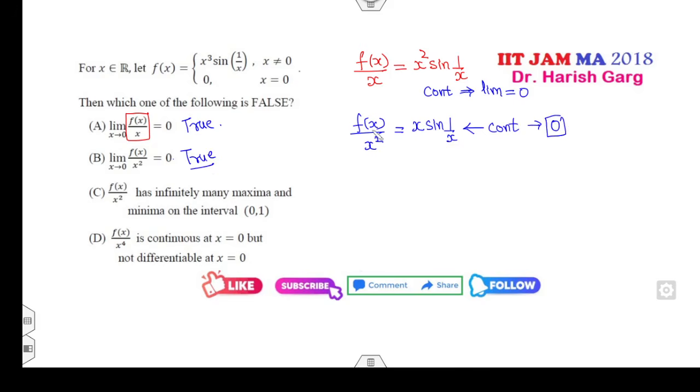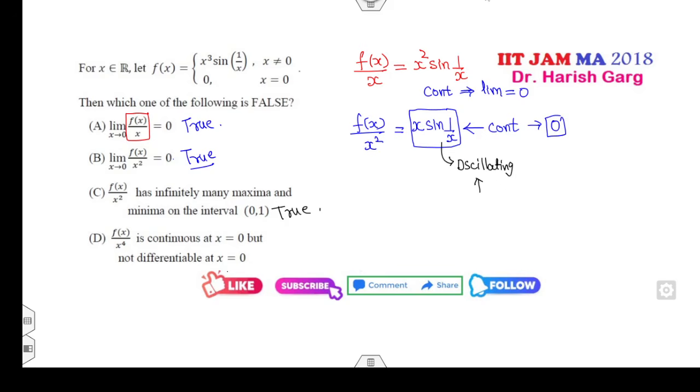Yes, it is a correct statement. f(x) has infinitely many maxima and minima. Yes, because cos x and sin x are oscillating. So it has infinitely many maxima and minima. That statement is also correct.